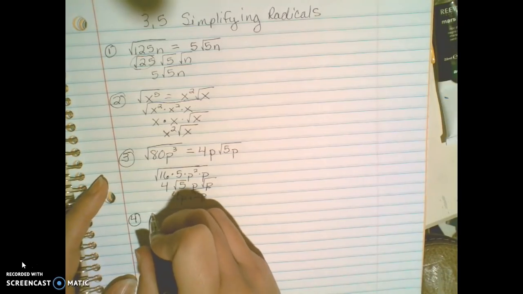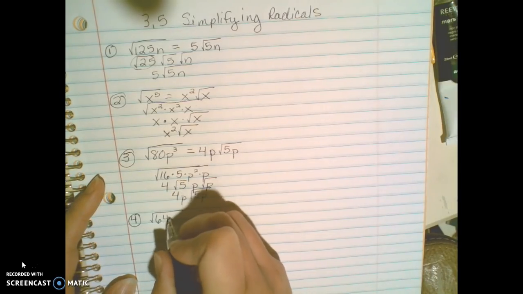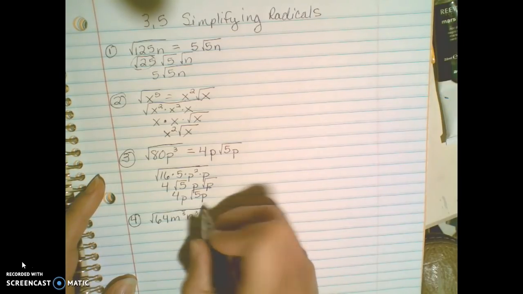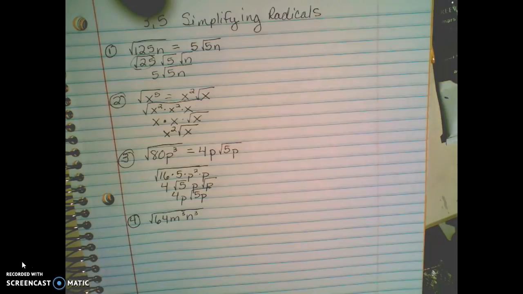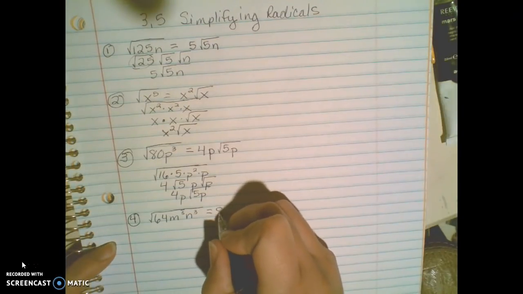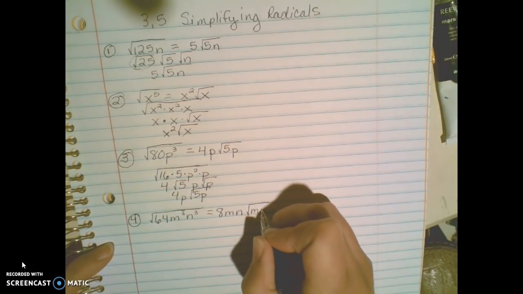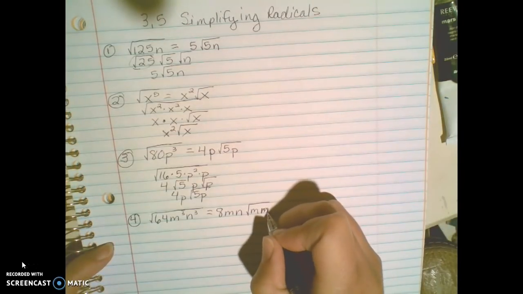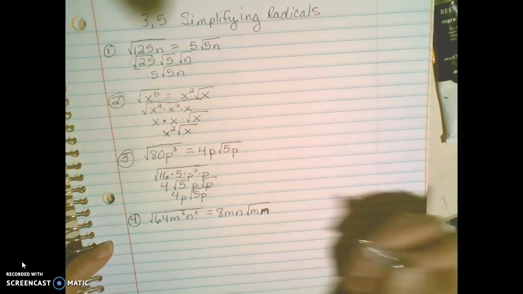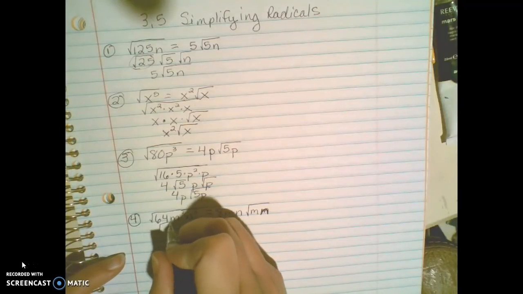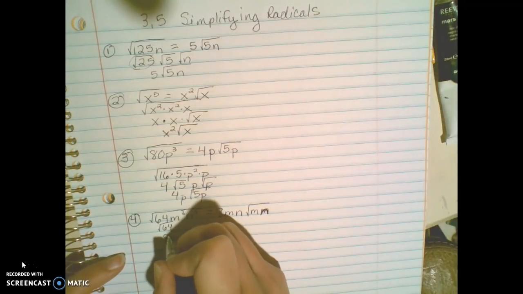Number 4 is the square root of 64 m to the 3rd n to the 3rd. Pause it and give it a try. Your answer is 8mn square root of mn, like that. And the reasoning behind that is the square root of 64 is 8.